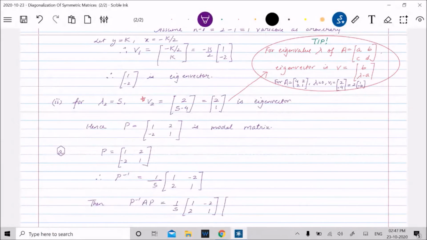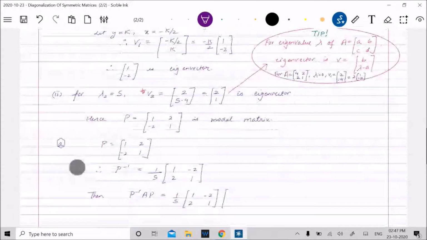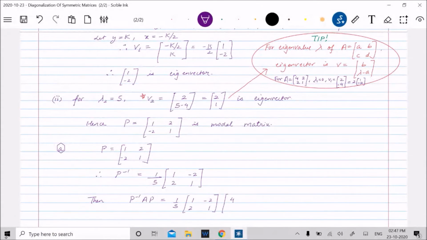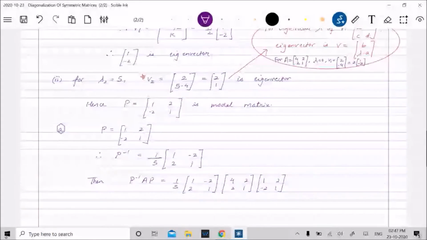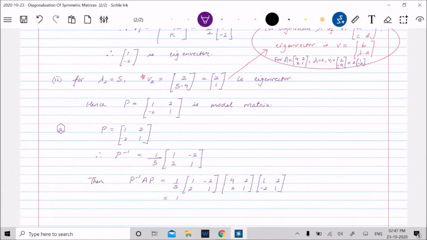A was 4, 2, 1. And what was P? 1, 2, minus 2, 1. Multiply them.